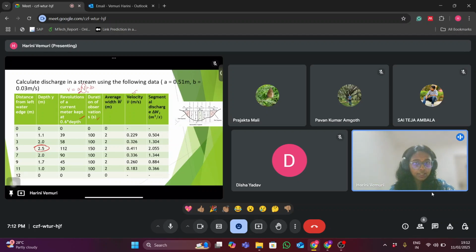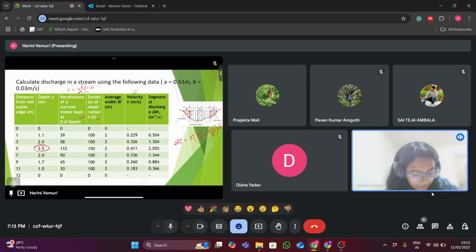And as we have discussed earlier, at each section of this channel, we will calculate the discharge using the formula delta Qi equal to Yi into (Wi by 2 plus Wi plus 1 by 2) into Vi bar. Since there is zero velocity at the end sections, that is the first and n minus 1 section, I'm not calculating those, but for intermediate sections we have a flow velocity, right? So first we have to calculate Wi by 2 plus Wi plus 1 by 2.